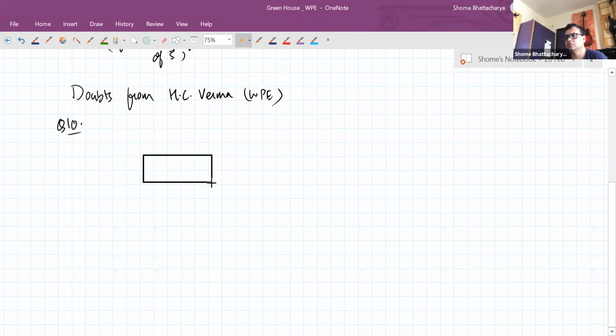So we have a system of two blocks like this, and we are applying some kind of force on the lower block.